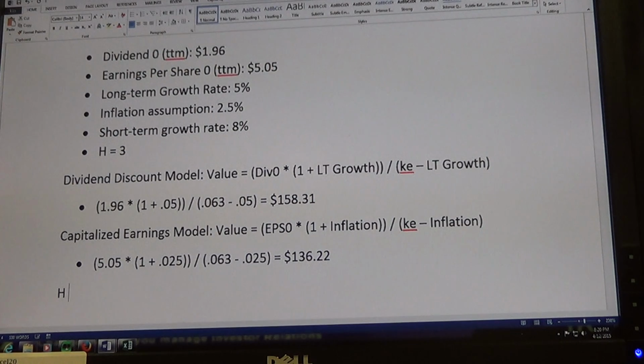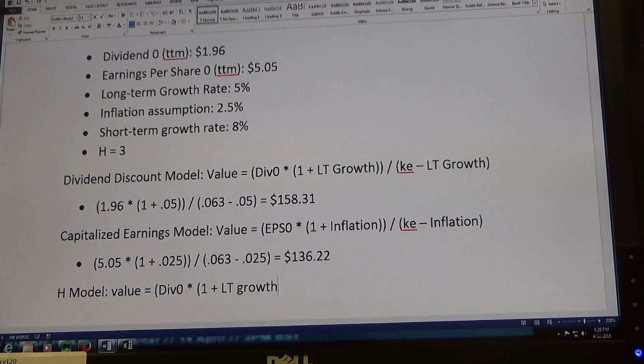And then the H model says that value equals dividend 0 times 1 plus long-term growth plus dividend 0 times H times short-term growth minus long-term growth, all of that divided by KE minus long-term growth.